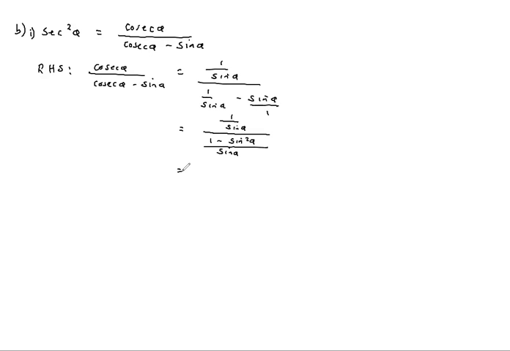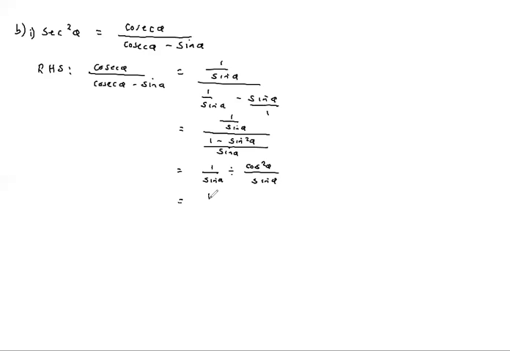If you write this, it will be 1 over sine theta divided by 1 minus sine squared, which is the same as cos squared theta over sine theta.